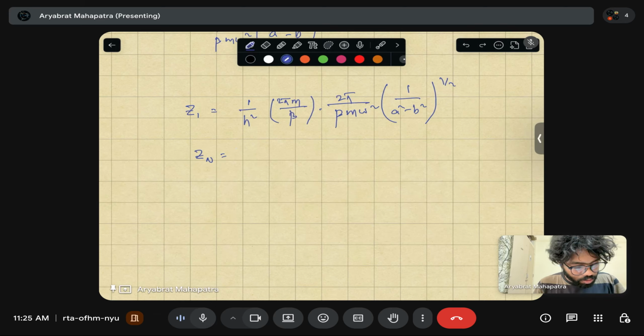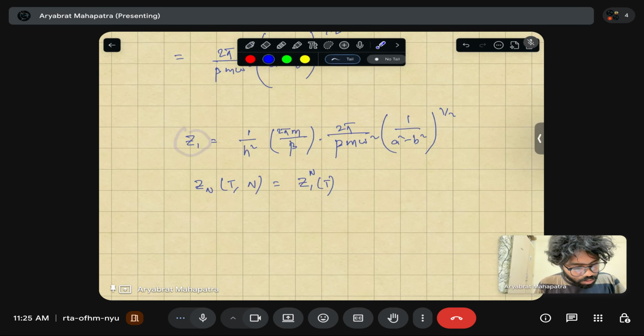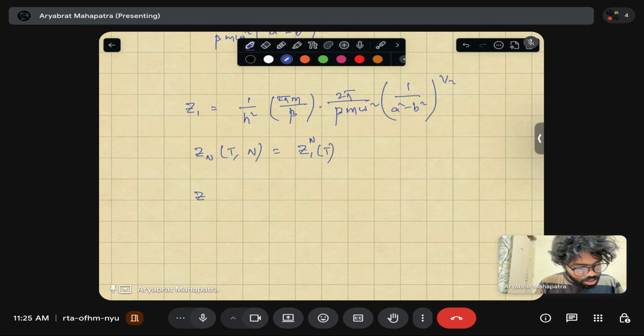So this is also said that it is at thermal equilibrium. So at temperature T, there are n number of particles. So this is Z1 at temperature T to the power n. So we just calculated what is Z1. So then Zn would be simply taking the power of Z1 to the power n.